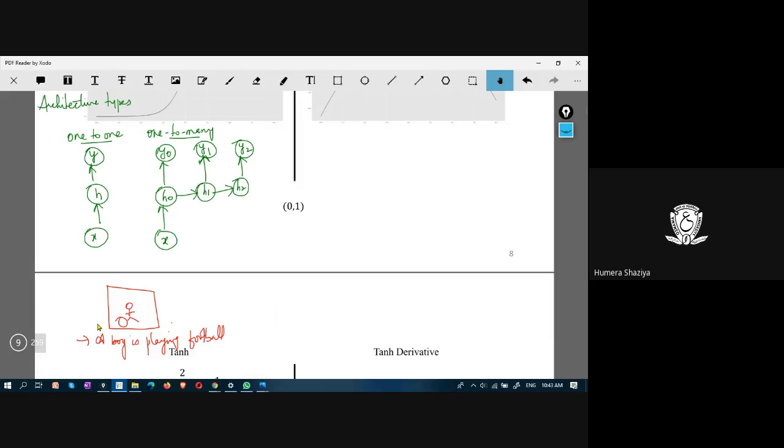So these captions are not specified by the human, rather it is given by the recurrent neural network. All right, this is the application of one to many.